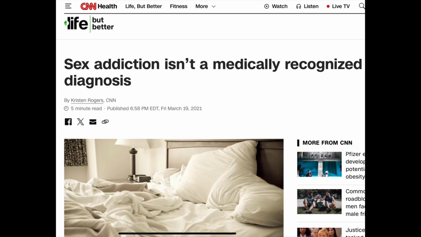Recent articles like Rogers 2021 from CNN report that many people experiencing hypersexuality feel out of control and distressed. Yet, medical professionals remain divided.